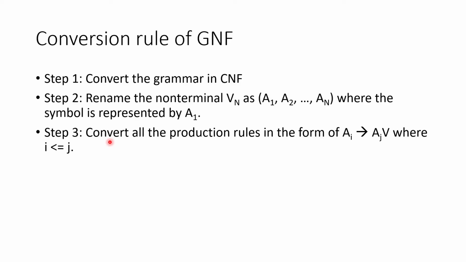For example, A1 can be rewritten as A2A, this is correct because here i is 1 and j is 2. So i is lesser than or equal to j, correct. But if I say A2 can be written as A1A, this is not possible, right?